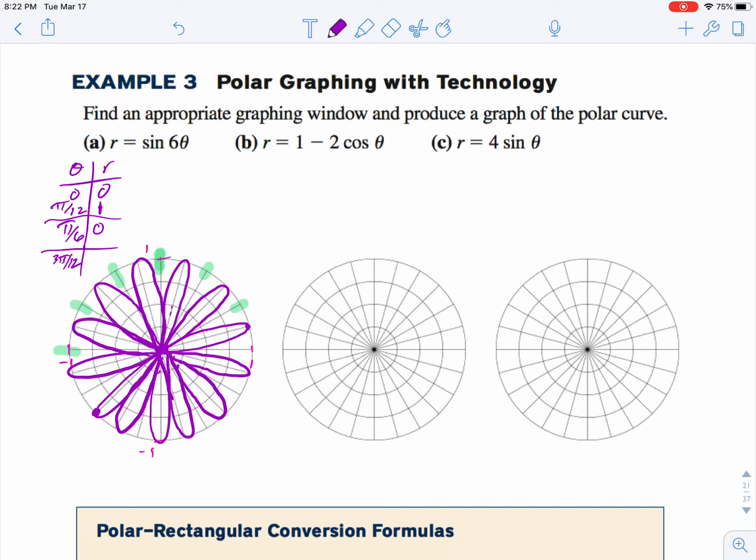I think I got all of them there. So you'll notice if you count them up, and this was like a rule for you last year, there are actually 12 petals.